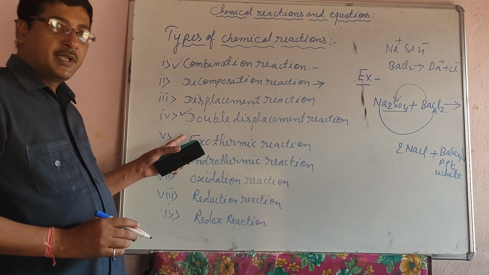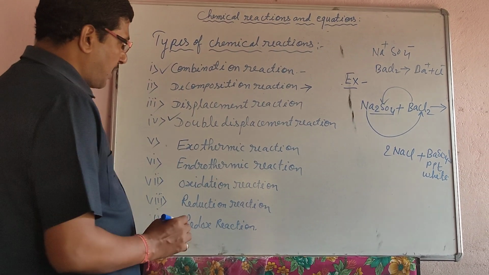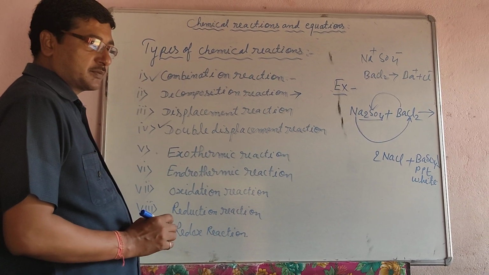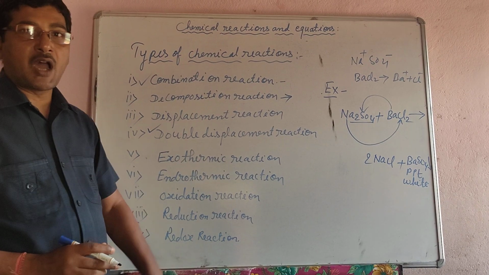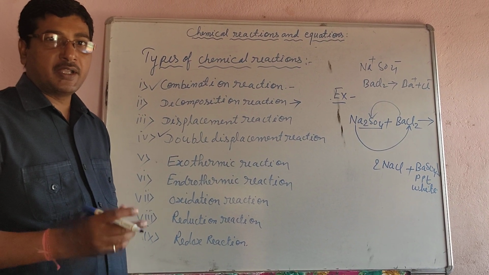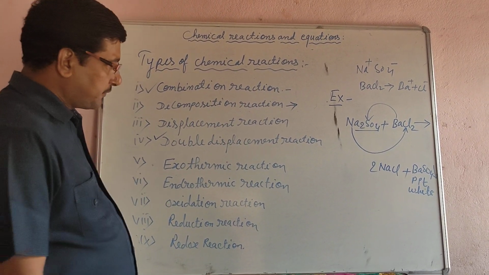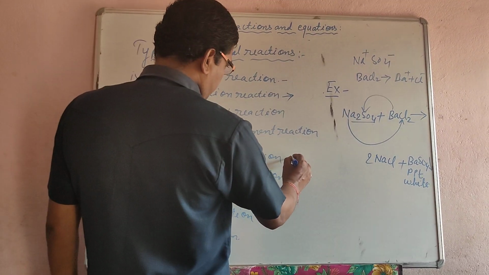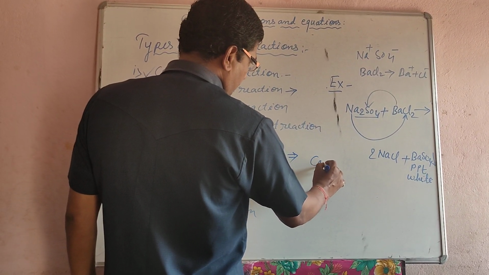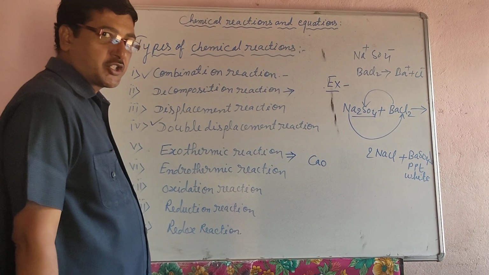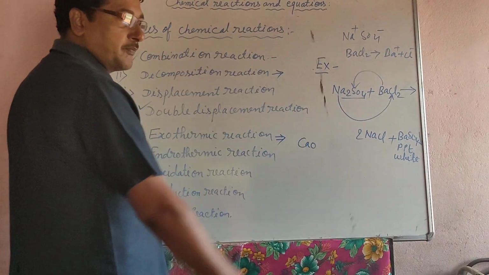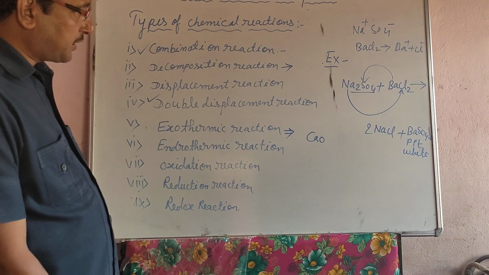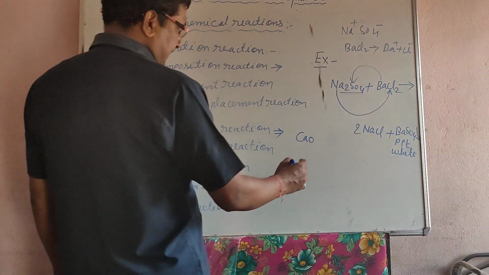Next is the exothermic reaction. What happens in the exothermic reaction? The reaction in which heat is given out during the reaction is known as an exothermic reaction. For example, if you take calcium oxide, during games and sports you might have seen that lime is applied on the ground to make the tracks.